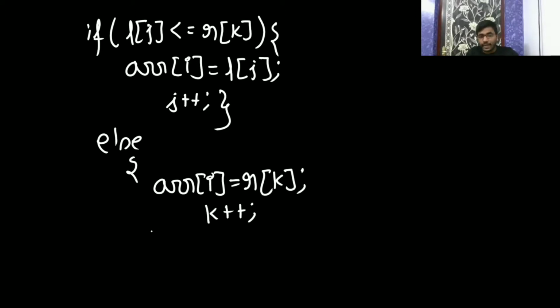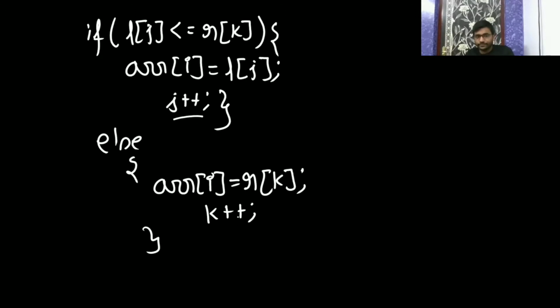So I am not always incrementing the left index. Whichever part of the array I have inserted an element from, I increase the index of that array only. When I store a left array element, I increase the left index to go to the next element. And if I store a right array element, I increment the index of right.